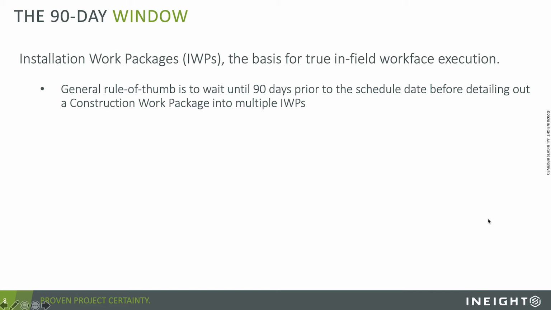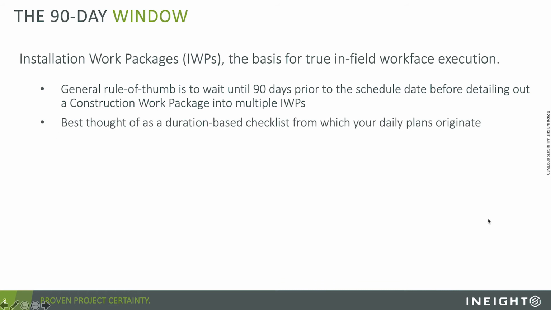So take the CWP, the construction work package, and break it down into multiple IWPs around that 90-day mark. And you build them as duration-based checklists from which your daily plans are going to originate. So it's essentially your 3-week look ahead, and we'll see that here in a bit. But you build these as a duration-based checklist of things to do.